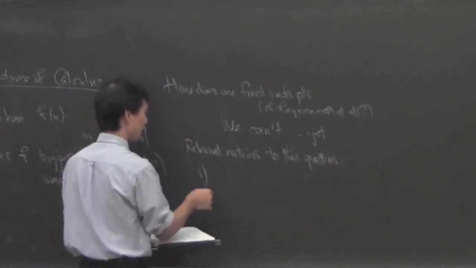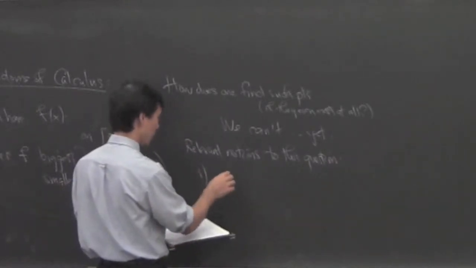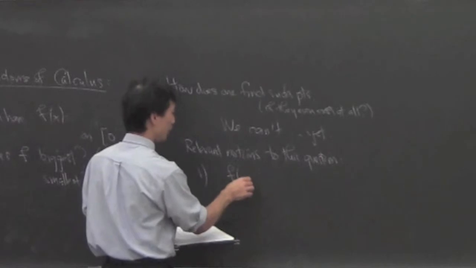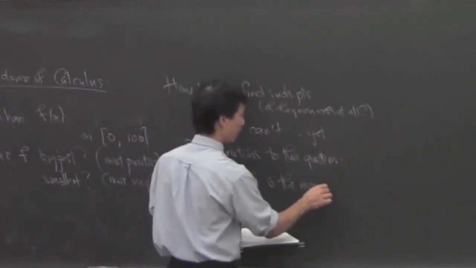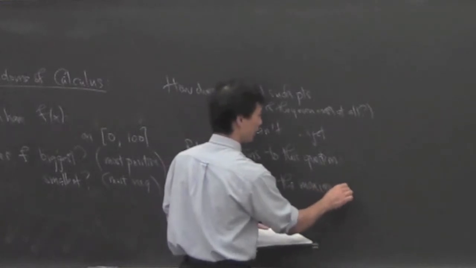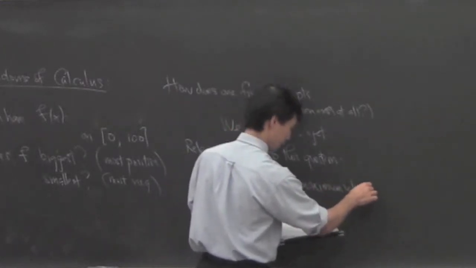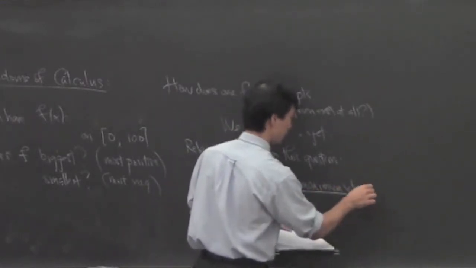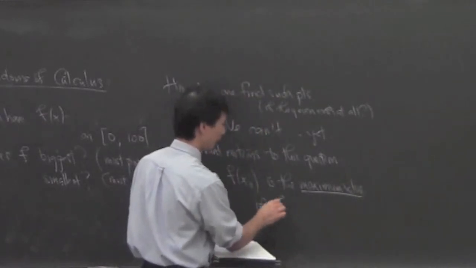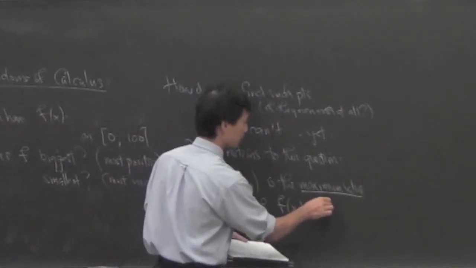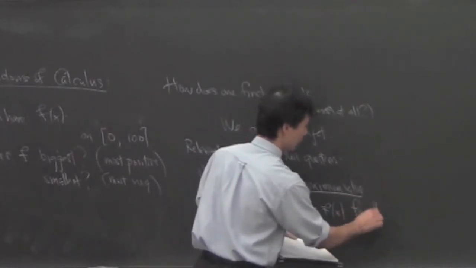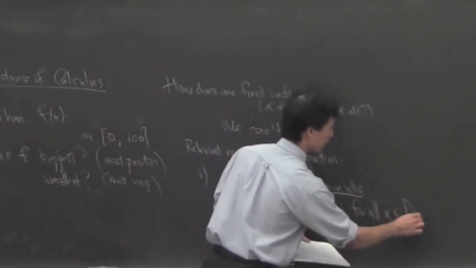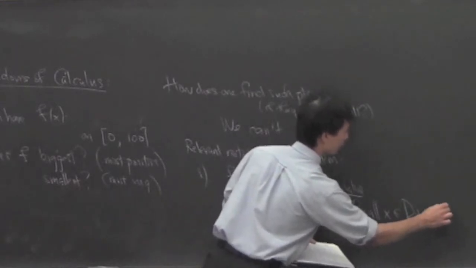First is the notion of a maximum. So we're saying f of x naught is the maximum value if f of x naught dominates f of x for all x in the domain of f.